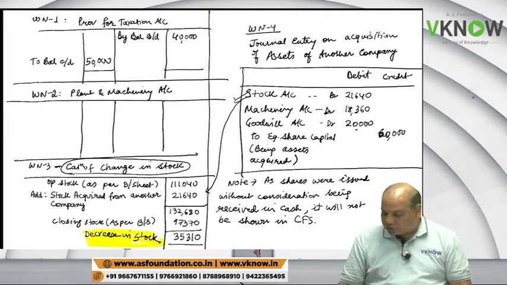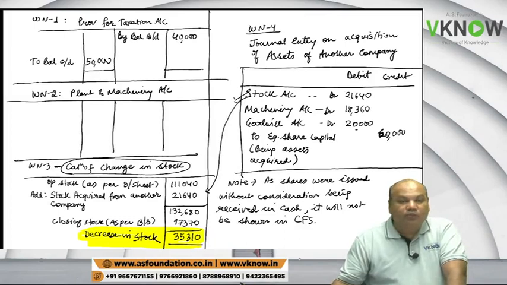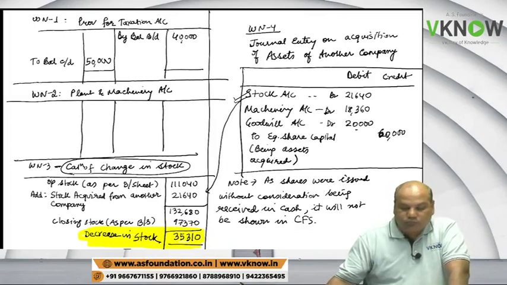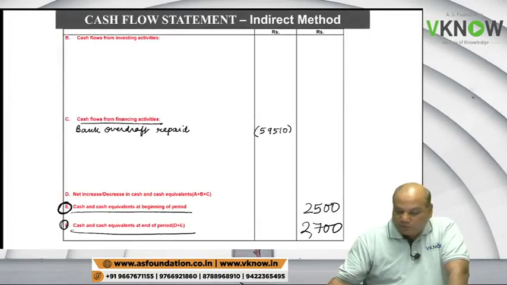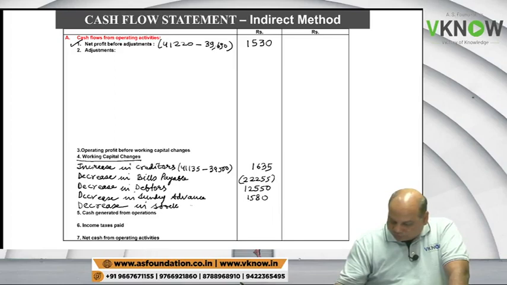Decrease in stock 35,310. We will transfer it to working capital changes. Decrease in stock, in bracket write working note 3, 35,310.